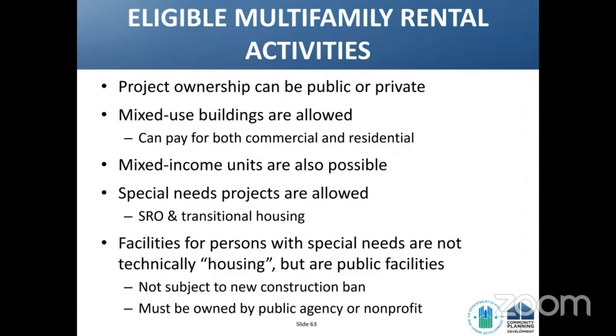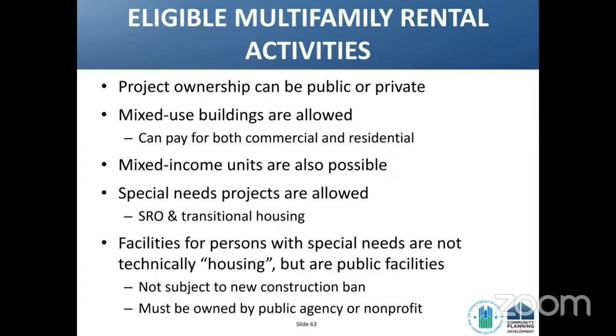Notice that if you do this, there are two separate activities meeting two separate national objectives, and if you happen to rehabilitate such a building, you have to ensure that the costs are appropriated accordingly for rehabilitation of the commercial part, which is eligible usually under 570.203, versus residential, which is 570.202.